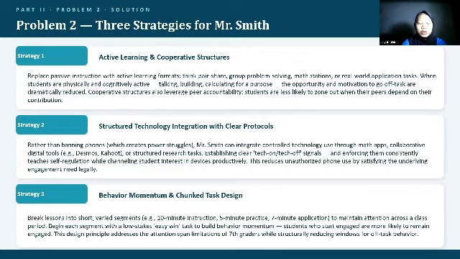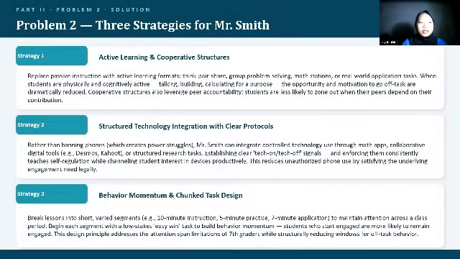Three strategies for Mr. Smith. Strategy 1. Active learning and cooperative structures. Replace passive instruction with active learning formats: think, pair, share, group problem solving, math stations, or real-world application tasks.